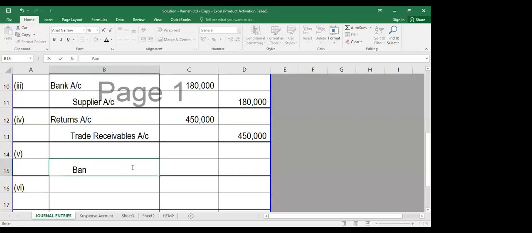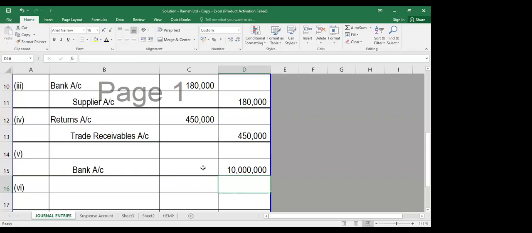So we shall credit our bank account, we shall combine the 10 million. And I hope we've all understood how we come up with the 10 million. Joseph has tried to explain that. The first 5 million that corrected the error, and the second 5 million, which is the right posting.